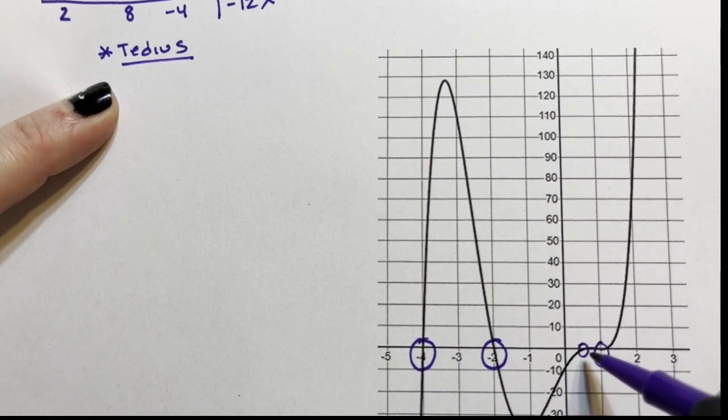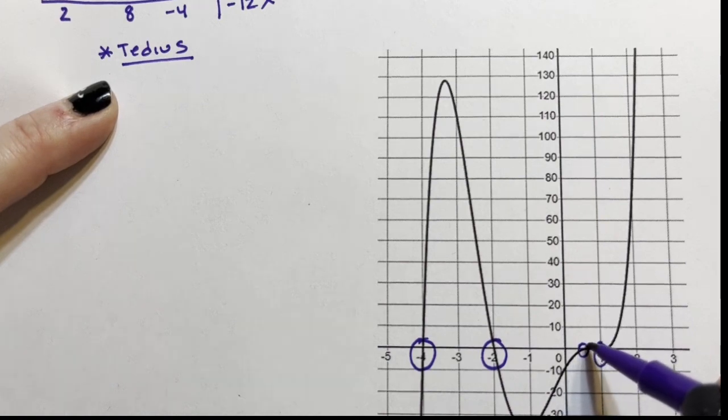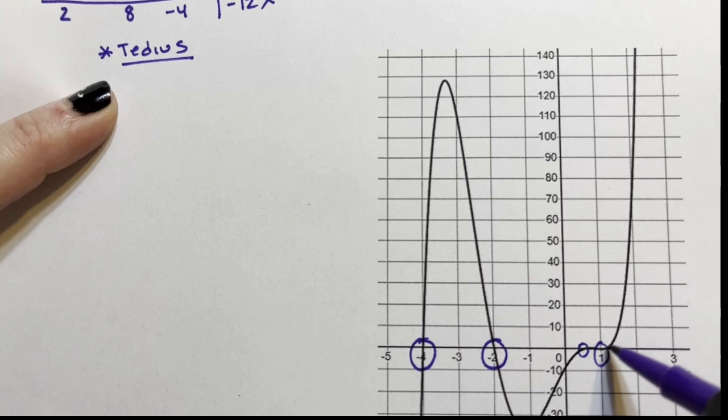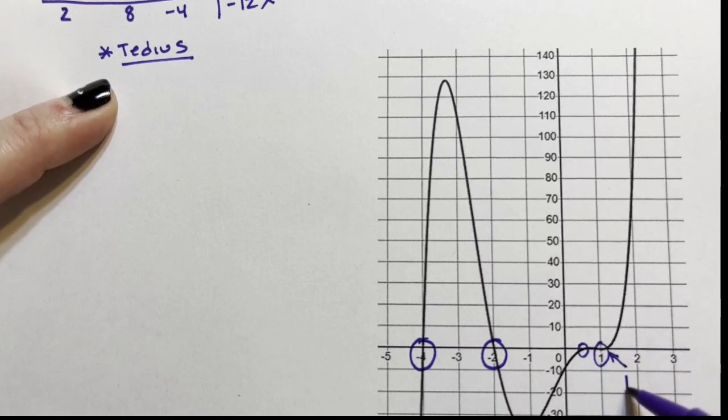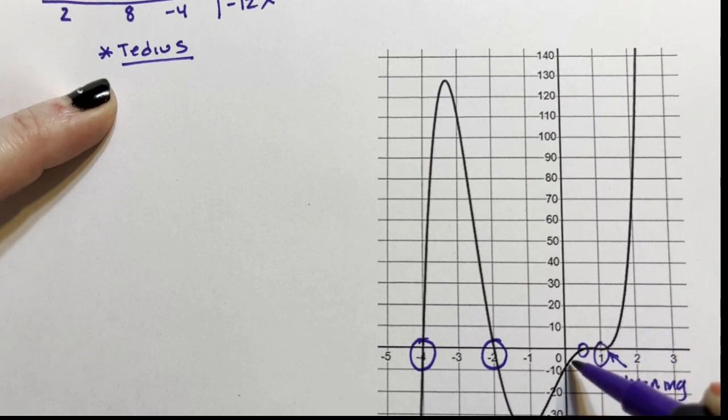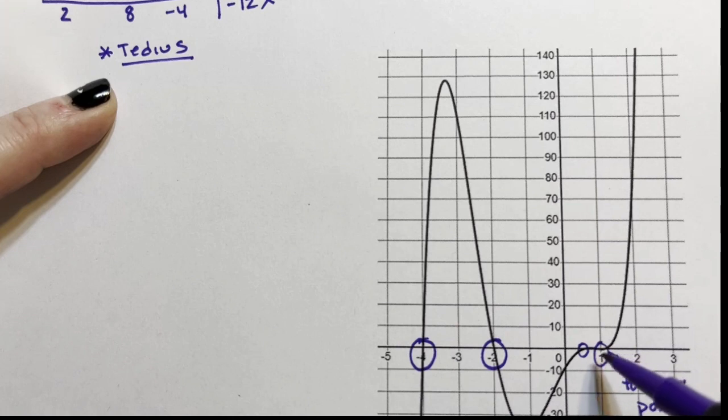Now, if you notice, we crossed to the positive at 1/2, and at 1 we're staying in the positive. That means there's a turning point here, because once we hit positive, we didn't come back to the negative. So at 1/2 we went positive, and at 1 we stayed here. That means there's 2 zeros here.